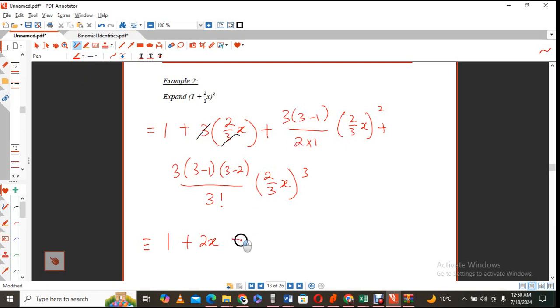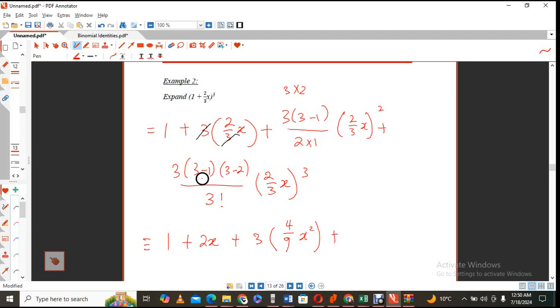That gives you just 3. And then in the bracket now, be very careful because you're squaring everything. That is 2 squared, which is 4, and 3 squared, which is 9 over x squared. Okay, I'm going to come back and clean this up again.